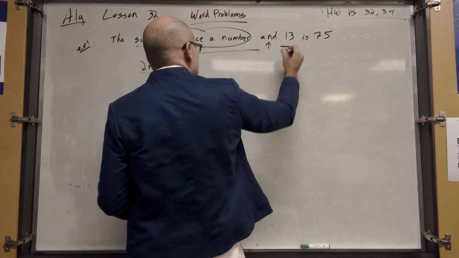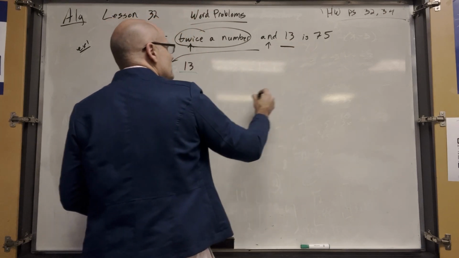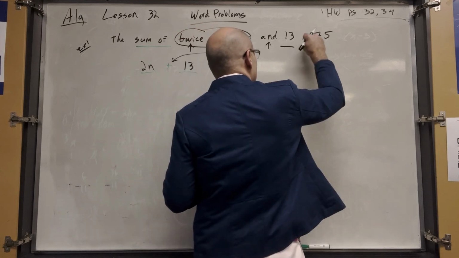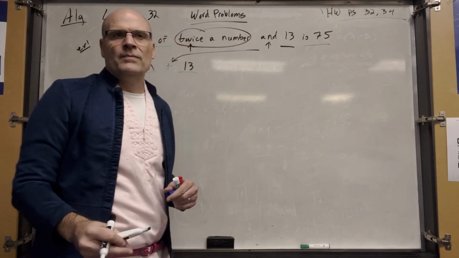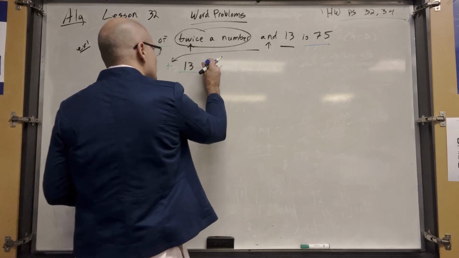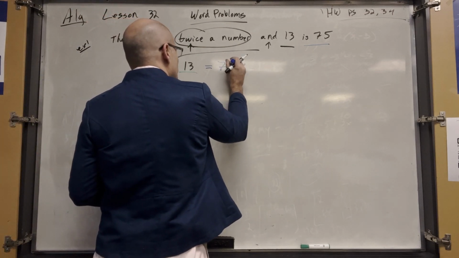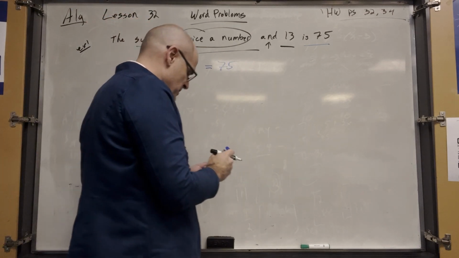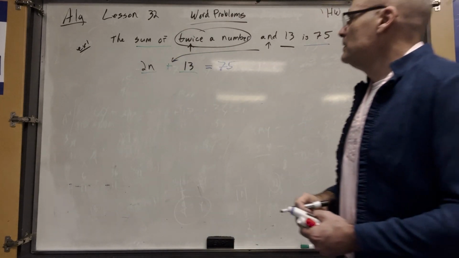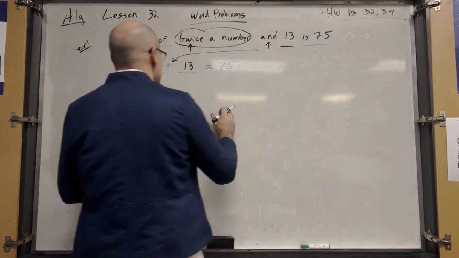And here's the next connector one, 13. And then how do you say is 75? That's real easy. How do you say is in math? Equals. That's the verb. Usually the verb, if it's a different verb, that's usually the equal sign. Equals 75. Okay, now we know how to solve this.